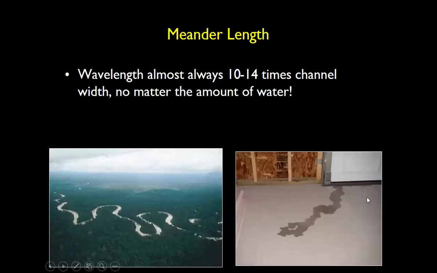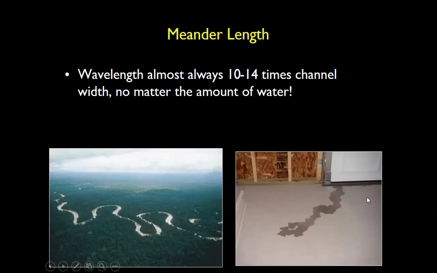So here's the interesting thing. When streams are not constrained by valleys or dam building or anything else, they follow a wavelength that is amazingly consistent. The wavelength means one complete wave: a meander one way, back, a meander the other way, and back, that whole wavelength.